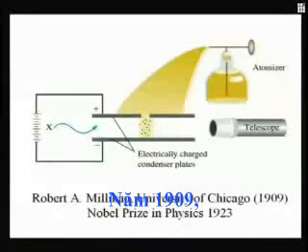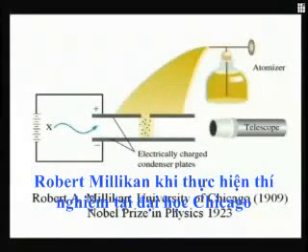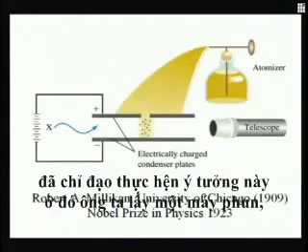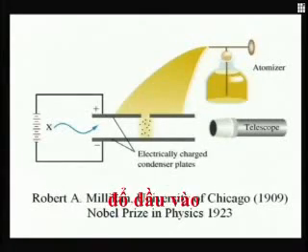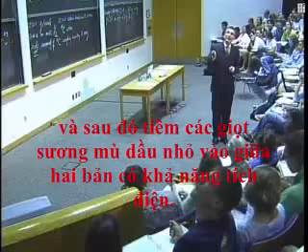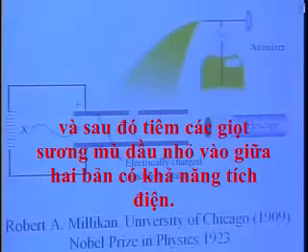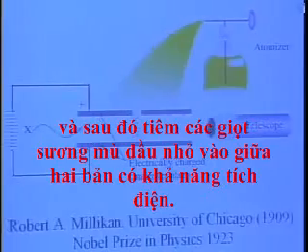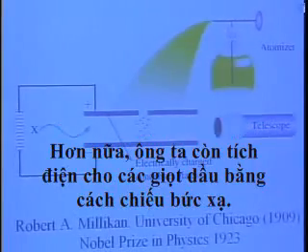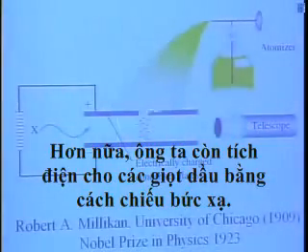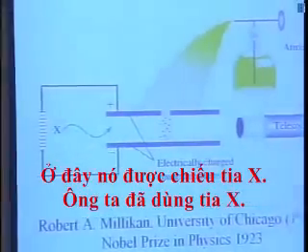In 1909, Robert Millikan, doing experiments at the University of Chicago, conducted this interesting effort where he took an atomizer, filled it with oil, and then squirted fine droplets of oil mist in between two plates that could be electrically charged. He further charged the droplets by irradiating. Here it's showing X. He used X-rays.